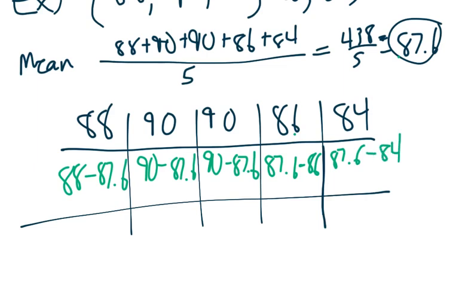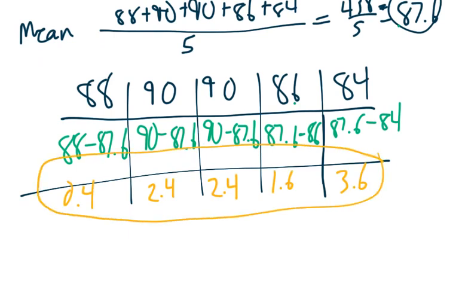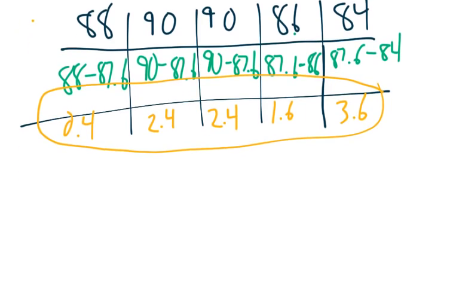And so when I crunch those numbers, my distance for each one of these data points is the following. These numbers right down here. 0.4, 2.4, 2.4, 1.6, and 3.6. Then the final step is to find the average of these. So add them all up. 0.4 plus 2.4 plus 2.4 plus 1.6 plus 3.6.